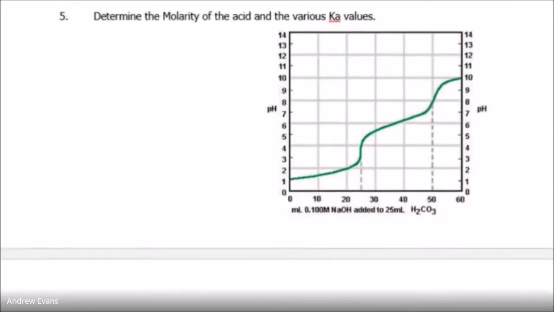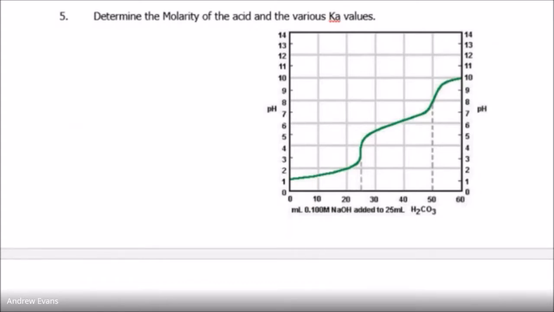This one, determine the molarity of the acid and the various Ka values. So you do have to read this chart to be able to pick out this number. The numbers I'm going to write down: the concentration of base, 0.100 molar.